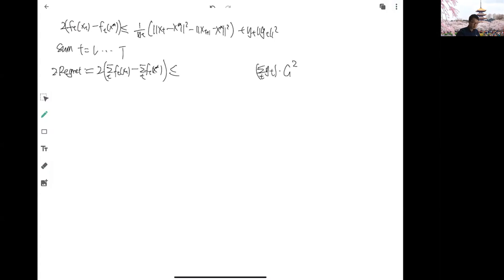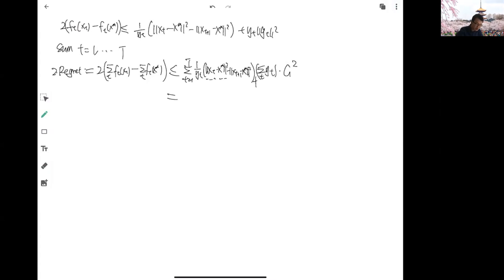Okay, for the first term, we can shift things a bit. So it looks like eta_t and then, so it doesn't directly cancel out, but it almost cancels out, in the sense that we can group all the terms and group all the coefficients of terms with the same t.